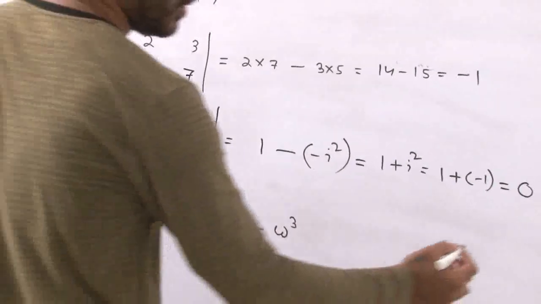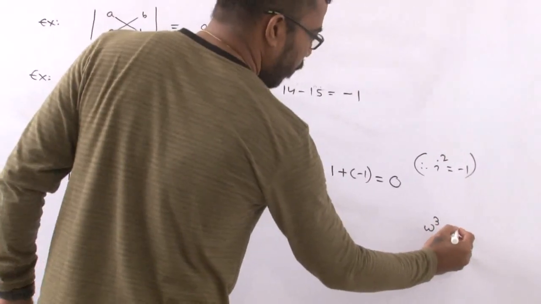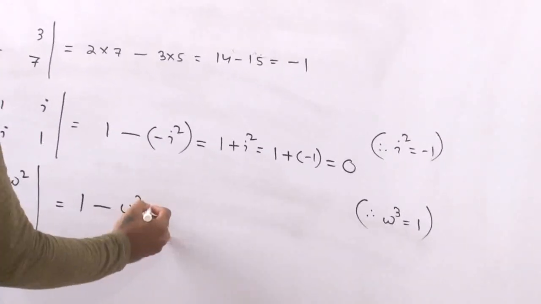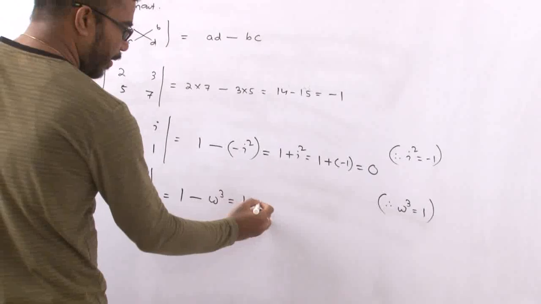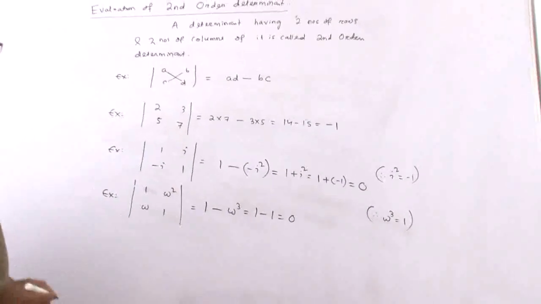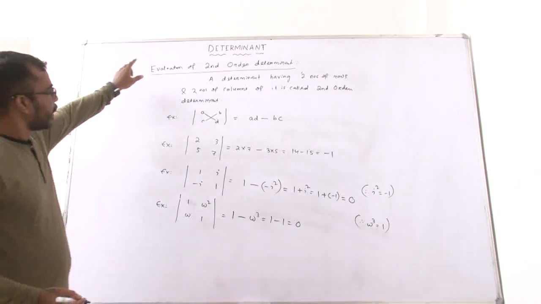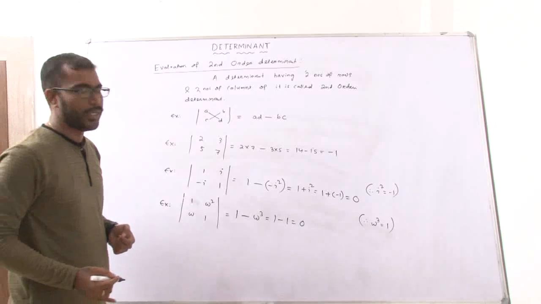As you know, in first year the value of omega cube is 1. So if we put the value of omega cube, we get 1 minus 1, that is also 0. So here is the solution of these examples. In this way, we evaluate a second order determinant.